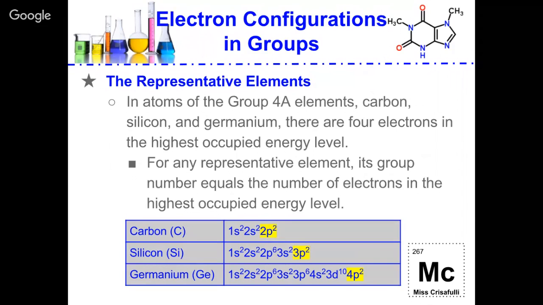Carbon is in the second row, in the P block section, the second one over. Silicon is in the third row, the P section, the second one. And germanium is in the fourth row, the P block, and the second one in.